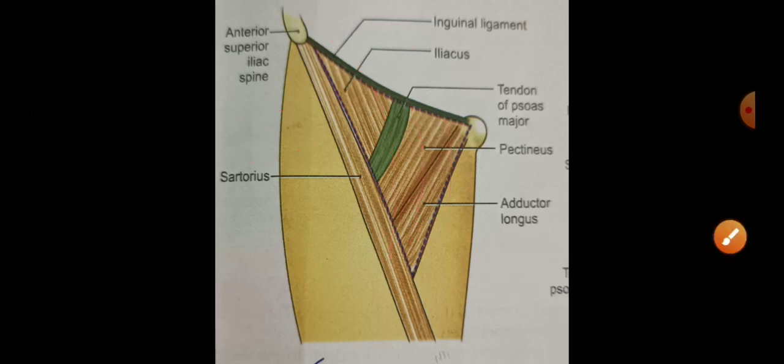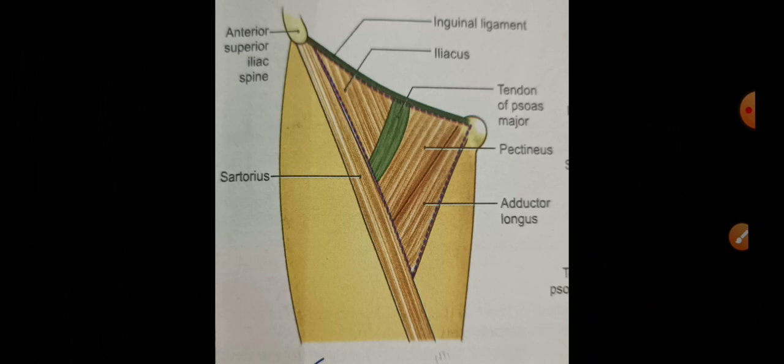If we talk about the contents of this, we're just going to enumerate some contents that travel in this triangle. One of them is femoral artery, then femoral vein and femoral nerve. Also, nerve to pectineus arises from the femoral nerve, just above the inguinal ligament.